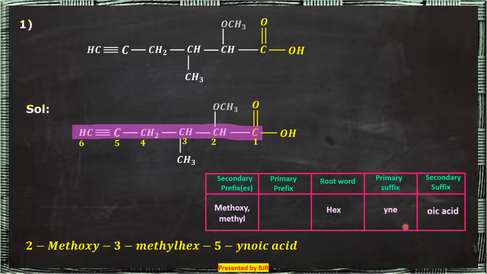Because it is following the suffix beginning with O. I already told you in my previous videos, the terminal E from the primary suffix is dropped when it is followed by the suffix beginning with A, I, O, U or Y. In all other cases, E is not dropped. Okay.